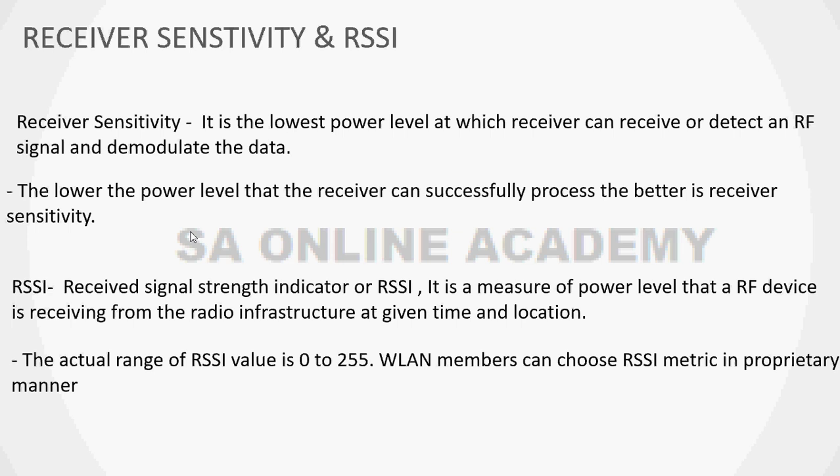What is dynamic rate switching? It is a process used by 802.11 radios to shift between data rates, like 54 Mbps, 30 Mbps. Switching between these data rates is done through dynamic rate switching, and it is achieved through RSSI.